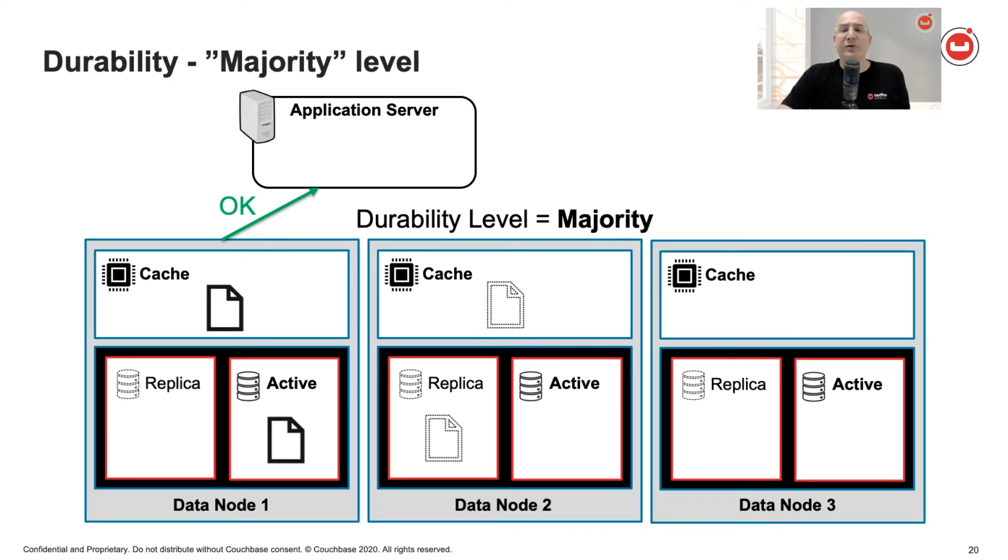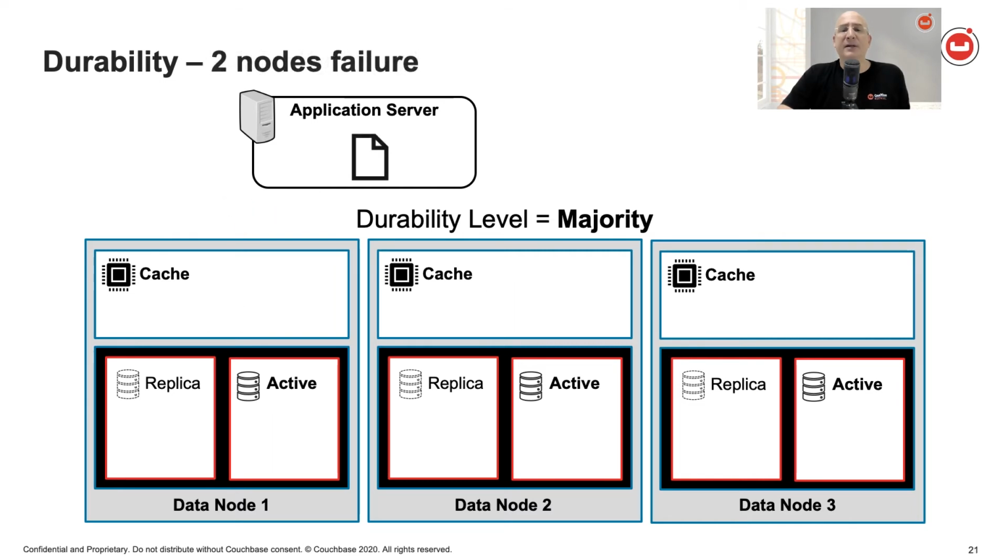But the majority durability level is not perfect. Let's describe a scenario when the majority durability level might not be perfect. The application sends a change to node 1. The document gets replicated to node 2 synchronously. The application gets an acknowledgement from node 1.